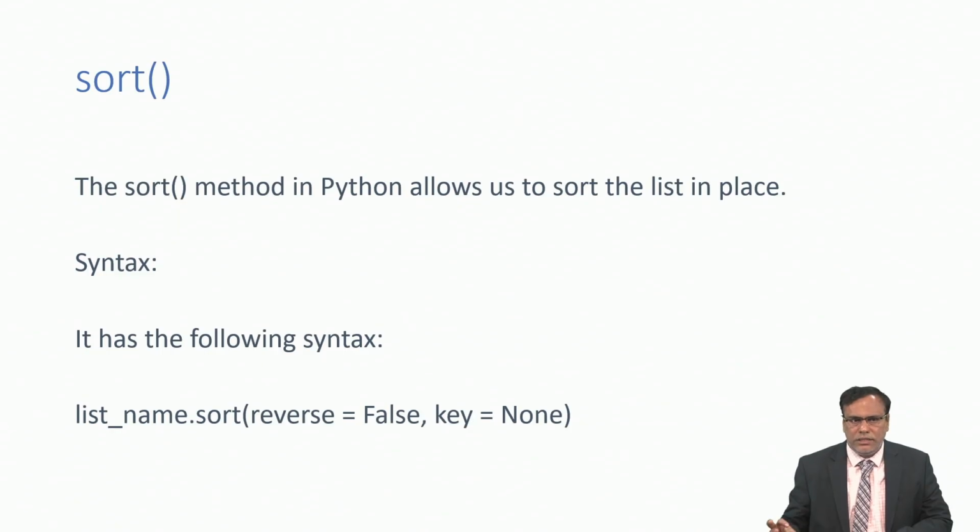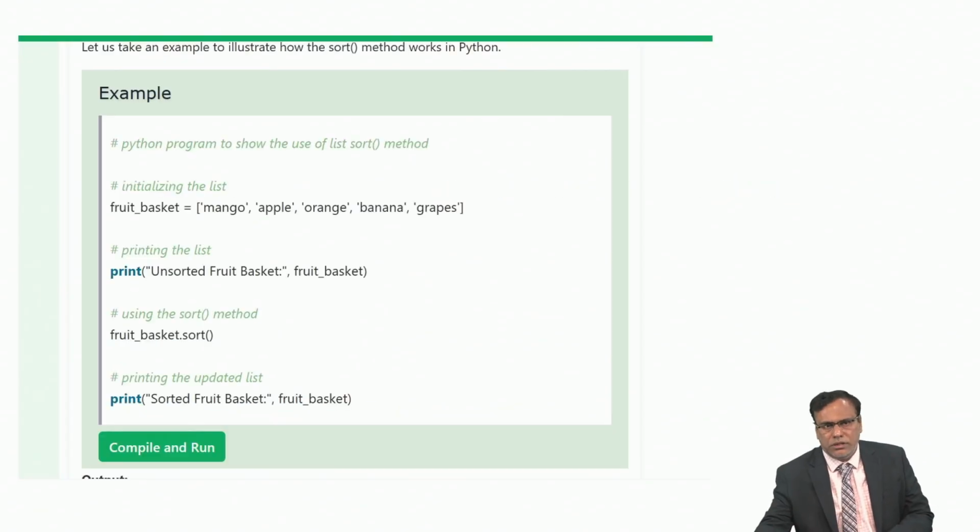And then the sort method. How does it work? If you want to sort the elements in a desired order, ascending or descending, then you are supposed to use the function sort.